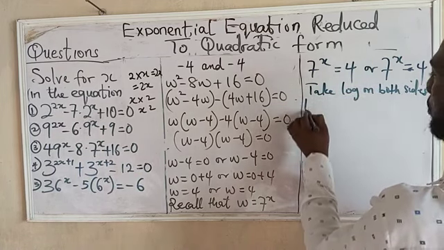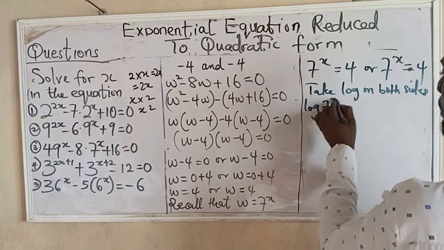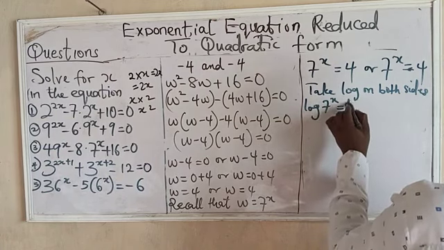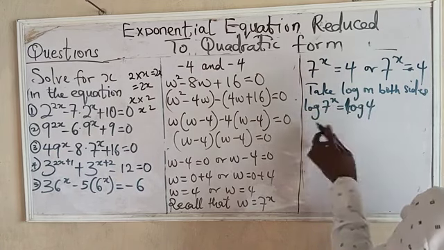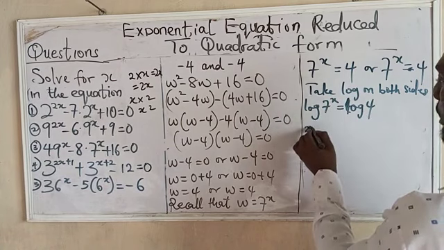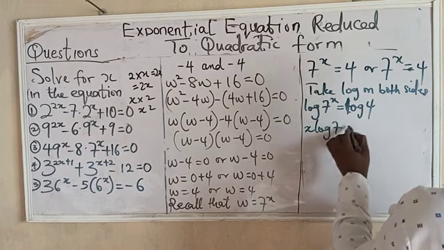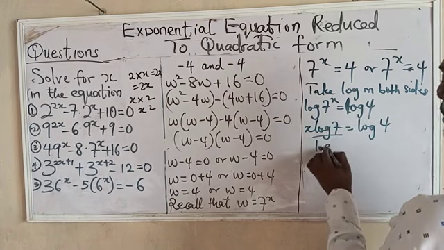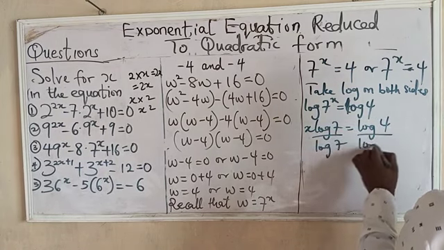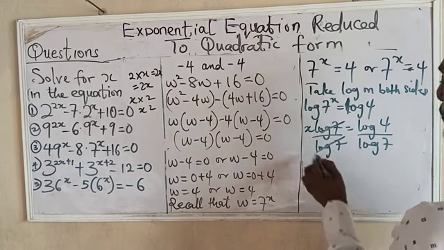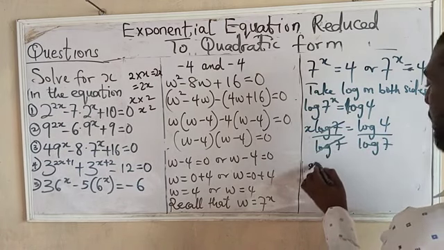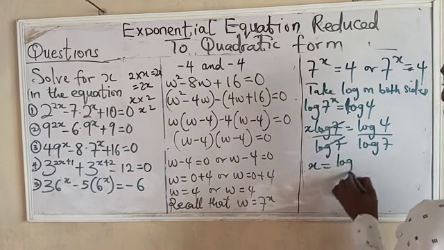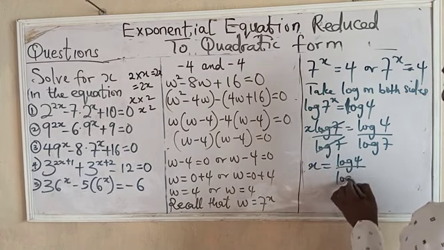So we have log 7 raised to power x equals log 4. Then from here, I can say this is x log 7 equals log 4. We divide both sides by log 7 to isolate x, just to make x stand alone. So this log 7 cancels log 7. We have x equals log 4 over log 7.